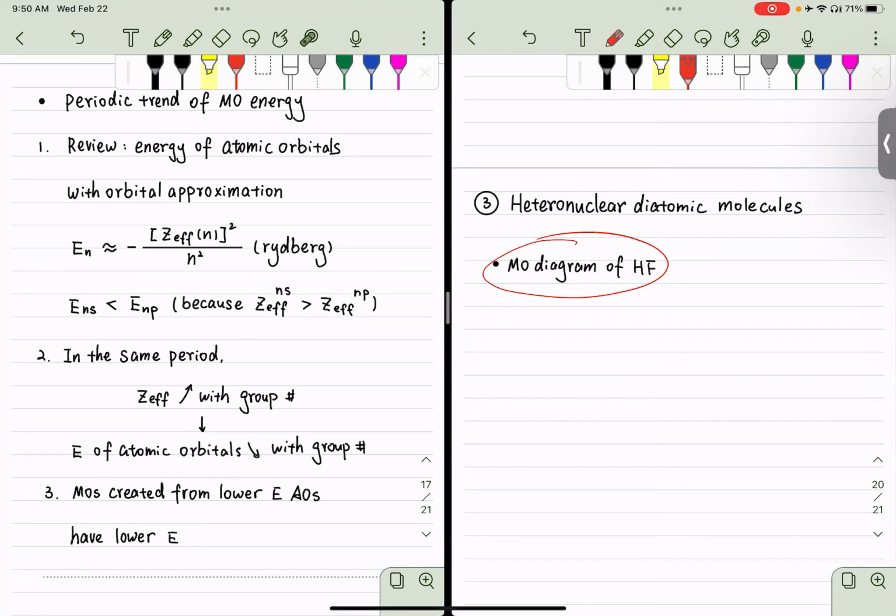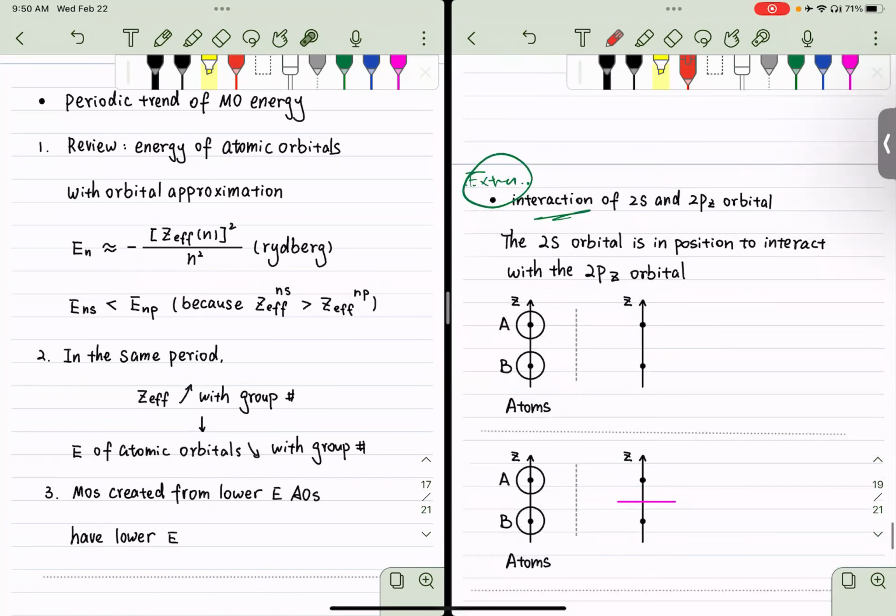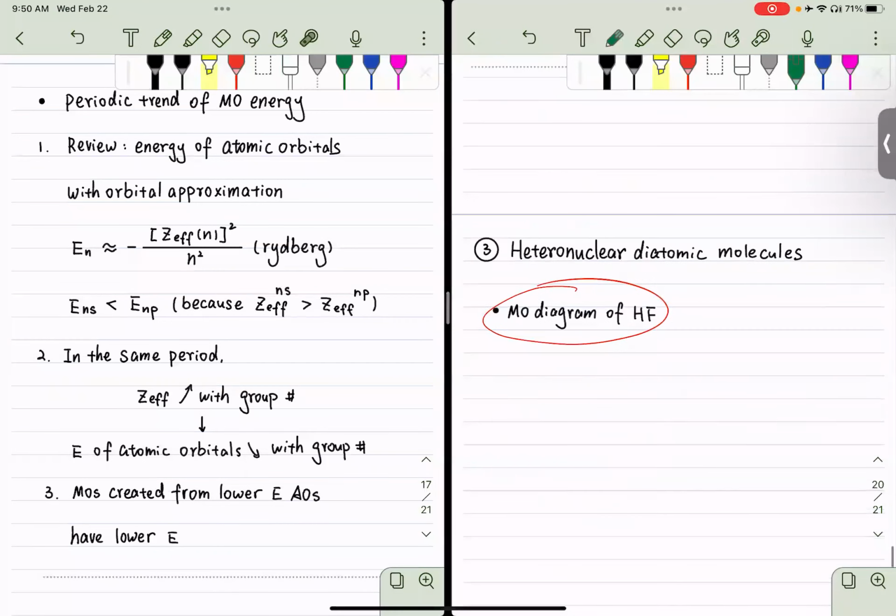Hi, I just wanted to double check. You said that the section on the interaction of 2s and 2pz orbitals would not be on the midterm or the final? No, this page will not be on the midterm or final. But I'm presuming the heteronuclear diatomic molecules could be. Yes, this one could be.